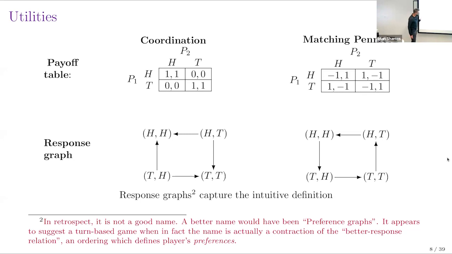The reason that we realized it's not a good name is that the more we talked about response graphs, people thought it was a turn-based game. It's not. It just captures the relationship between the choices of profile. It was a contraction of a longer term, a better response relation. There is a best response relation in game theory. It's a local version of that.